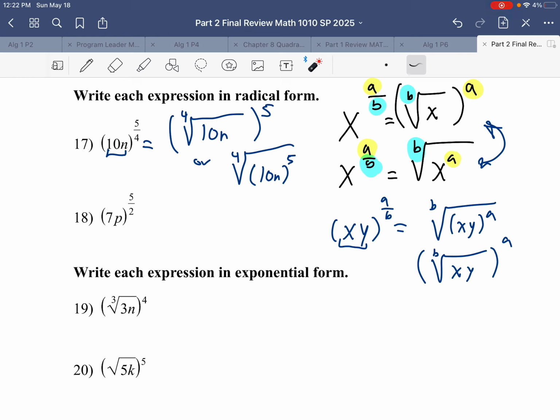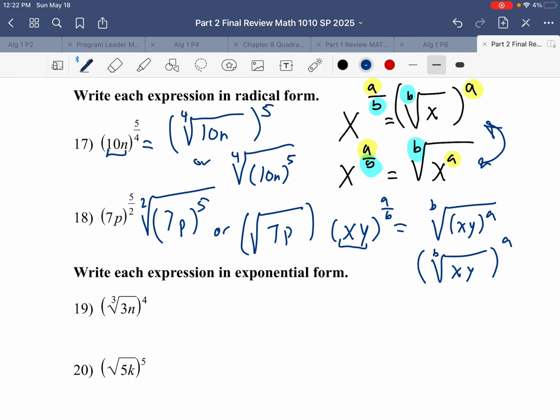So for number 17, either of those answers would be correct. And then for 18, this looks like either 7p to the fifth, and its index is 2, or 7p, the square root raised to the fifth. You don't have to write both.